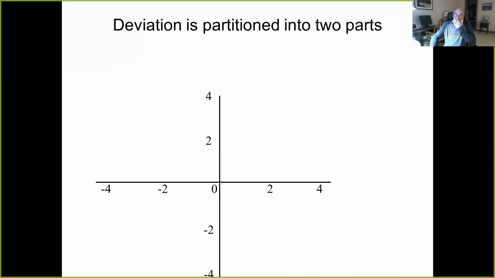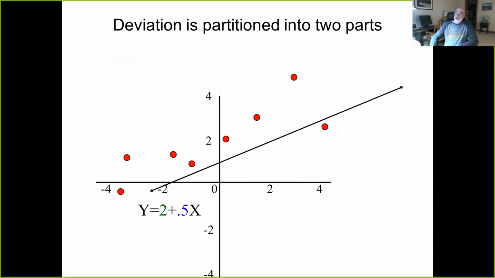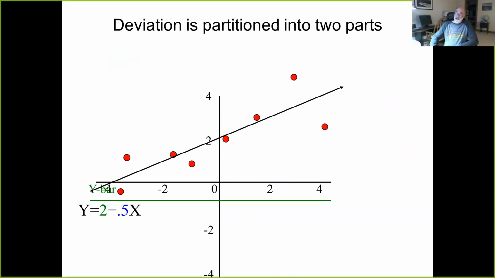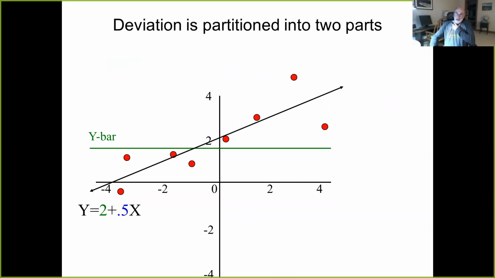What we do is we partition the deviation of the points from the line into 2 parts. Here are some points. You put in the regression line. There's the average value of y. When you look at the points, they differ from the green line, but they differ for 2 different reasons.